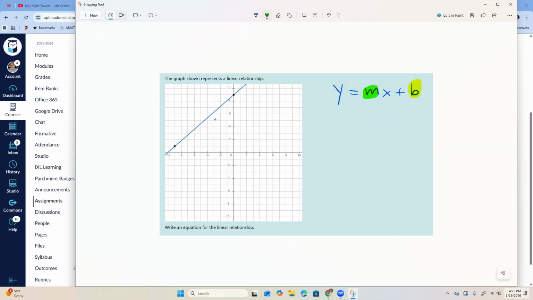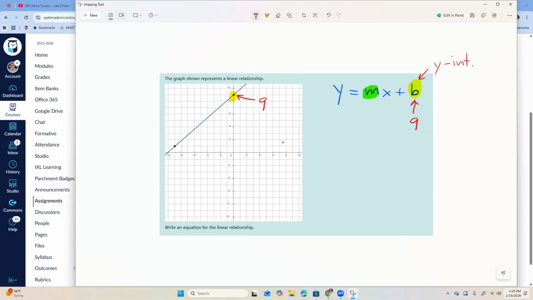I'm going to find those numbers from the graph. Remember that the b is the y-intercept, the point of the line that touches the y-axis. You can see that point is right here, highlighted in yellow. That point is on the number 9. So I'm going to replace the b with 9.